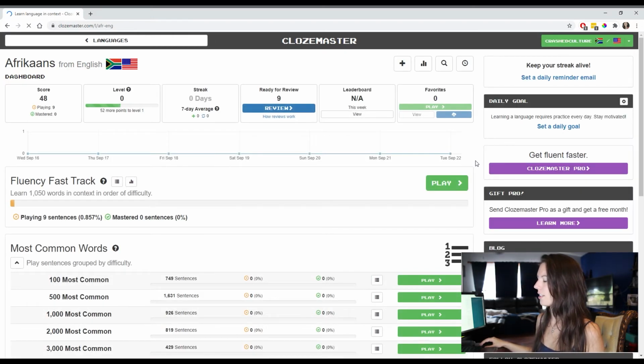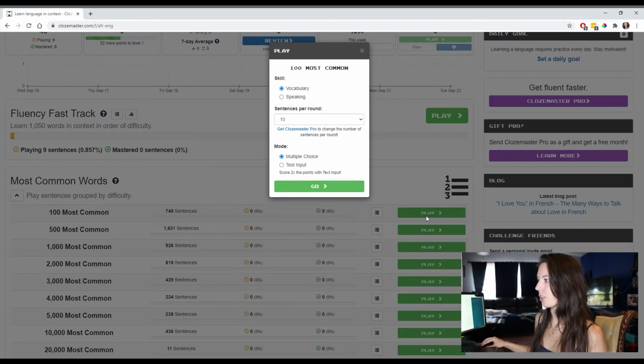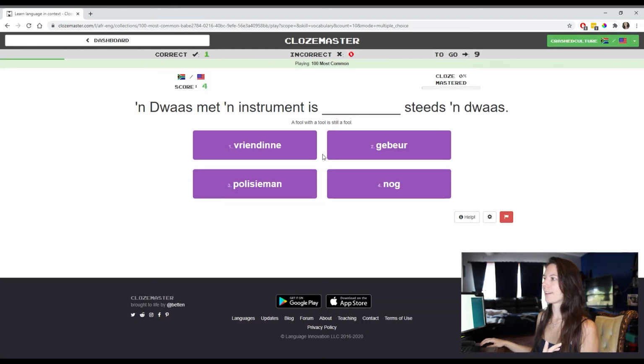Let's go into Afrikaans. I was hopeful that I could use Clozemaster to up my Afrikaans, and this was before I realized that Clozemaster is not good for beginners, especially with grammar that you have little to no experience in, because I'm familiar with Romance grammar. Afrikaans is a Germanic language. I'm not familiar with Germanic grammar. I tried this, and let me just show you. See, okay, right here, I don't know what any of this means.